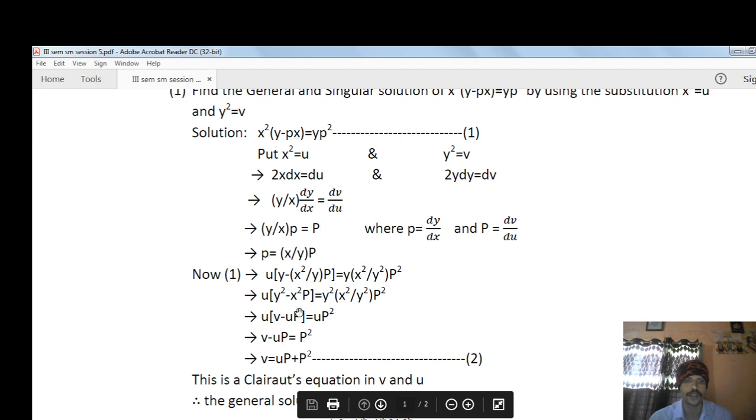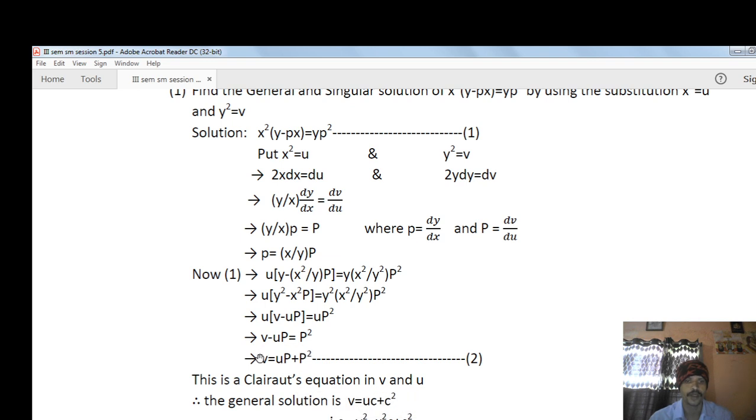Please note this step. Here I am converting the given equation, which is basically not in Clairaut's form, into this equation, which is in Clairaut's form. Here this equation involves v and u, but not y and x. Here the variables are v and u.